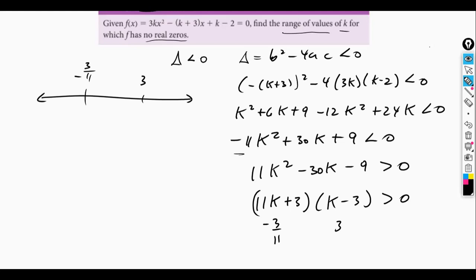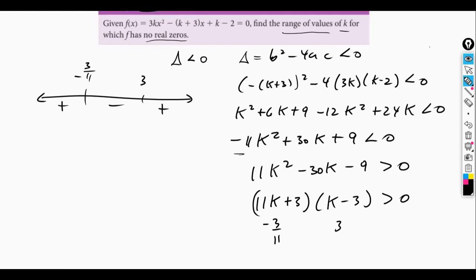So -1 is to the left of this, right? So what happens if we plug in -1 here? Well, this would be negative, and this would be negative. Therefore, we get a positive. Let's plug in something between, like 0. We would get 3 times -3, that's negative. Let's plug in something larger than 3, like 4. 44 plus 3, 47 times 1, positive again.